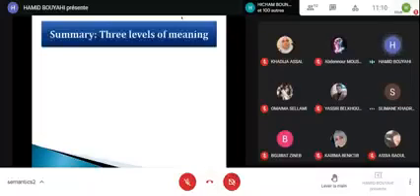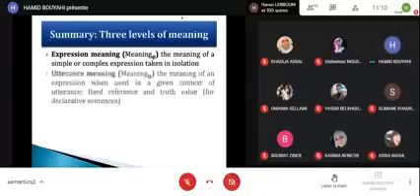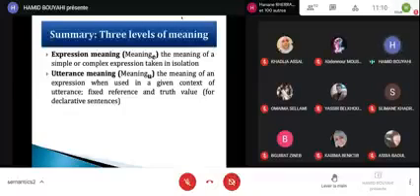So that's basically all what we have seen today. We have seen the expression meaning, or the meaning of a simple or complex expression taken in isolation. Utterance meaning, the meaning of an expression when used in a given context of utterance, fixed reference, and truth value for declarative sentences.